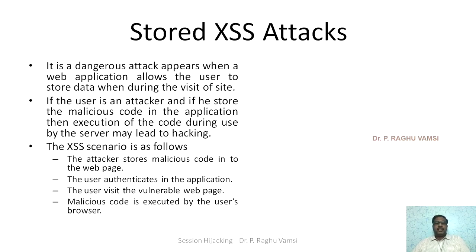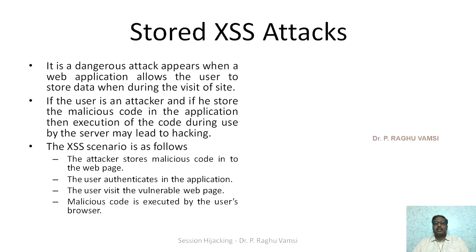The user authenticates in the application. Anyhow, he may create a temporary username and password on that website and enter via that username and password. The user visits the vulnerable page. Malicious code is executed by the user's browser.